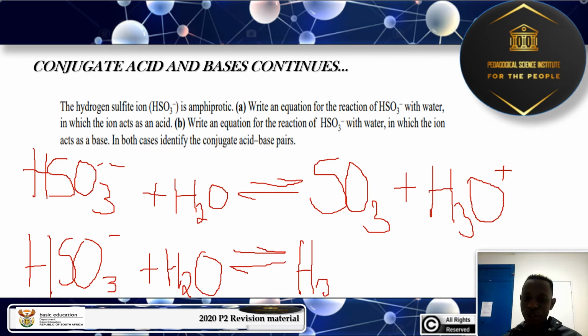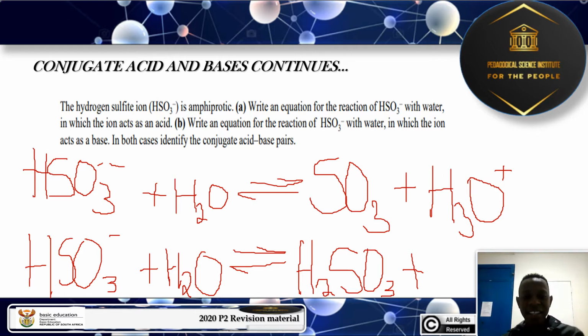We are going to have 2 H's, because here it was only one H. Then plus, because HSO3⁻ now acts as a base, automatically H2O is an acid.